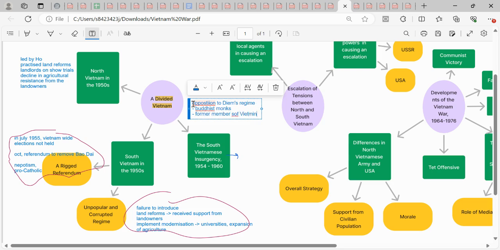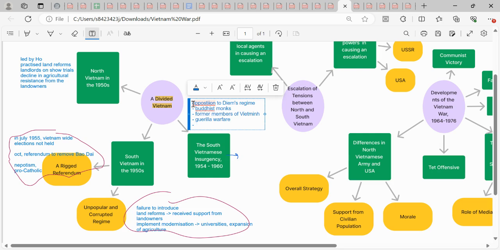And their strategy was very much guerrilla warfare, whereby their intent was to do hit and run attacks and not to actually take over enclaves or villages permanently.